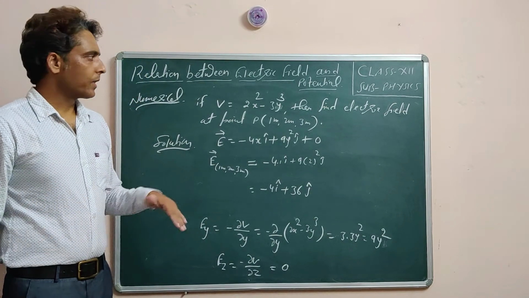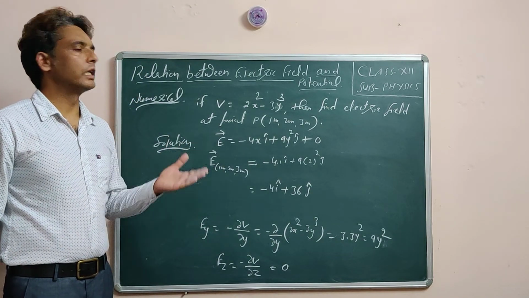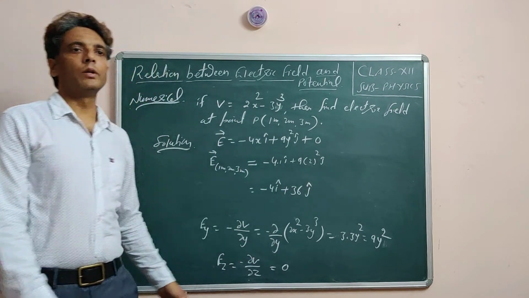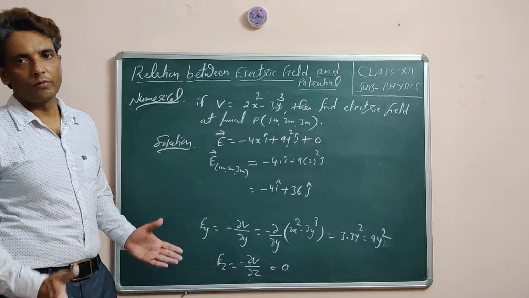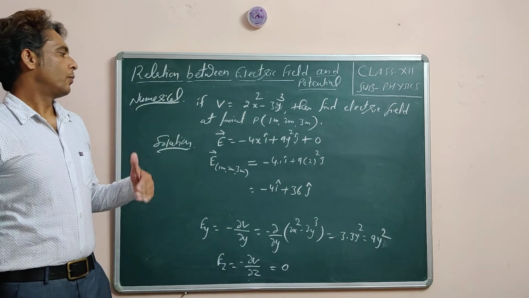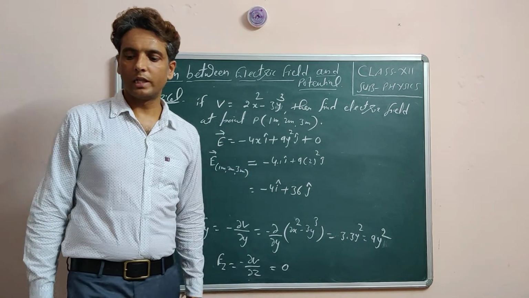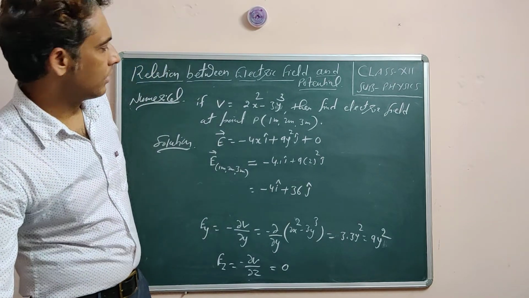So in this way we can calculate the electric field in a certain region of space when we are given potential, or we can also calculate potential in a certain region of space when we are given electric field intensity.